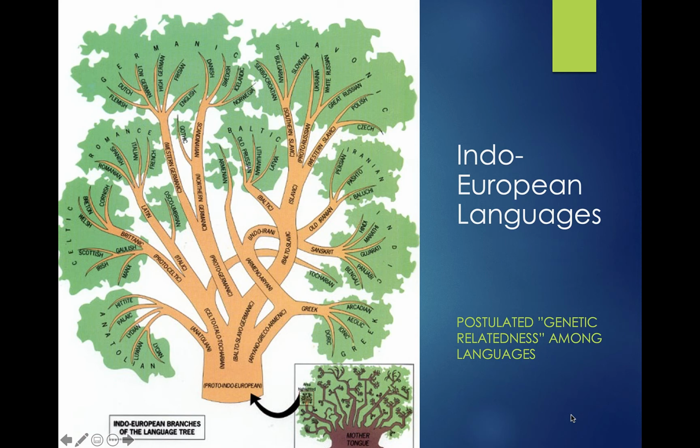A parent language, the term for it is Ursprache, is spoken in a particular area. Over time, long time, it changes and evolves in ways we discussed in our previous lecture. Its speakers also migrate, or wage war on the neighboring groups, or intermarry.